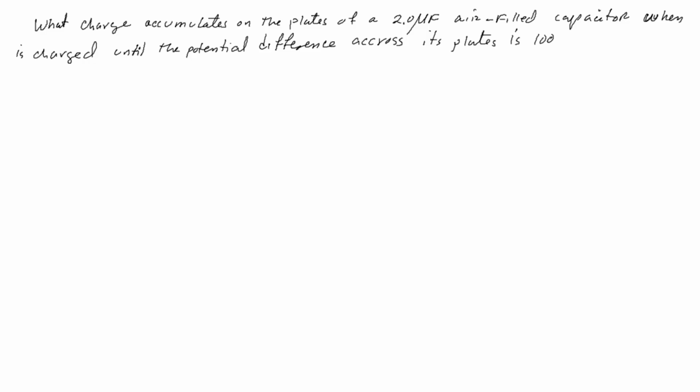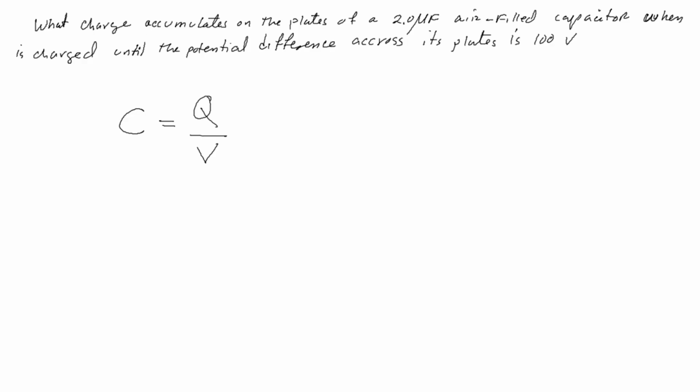Now, by definition, we know that capacitance is the ratio between the charge on the plates and the difference of voltage between those plates.